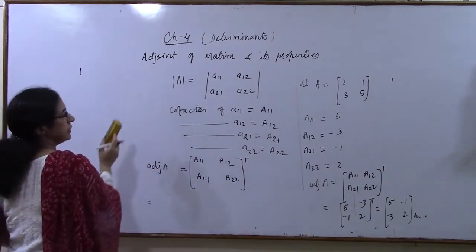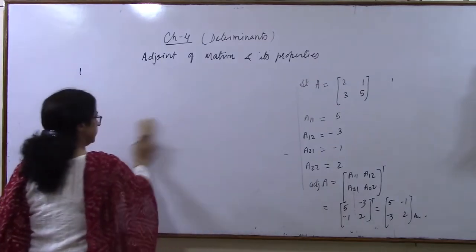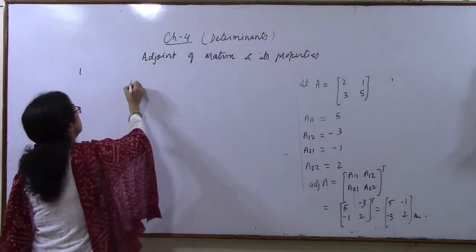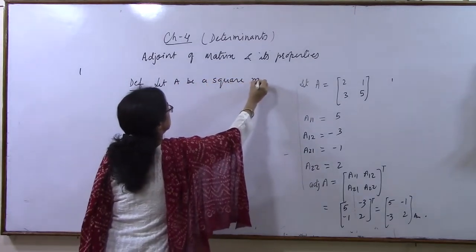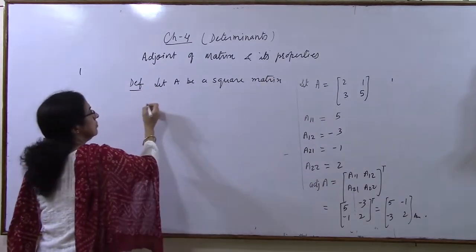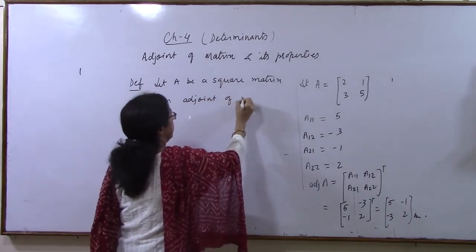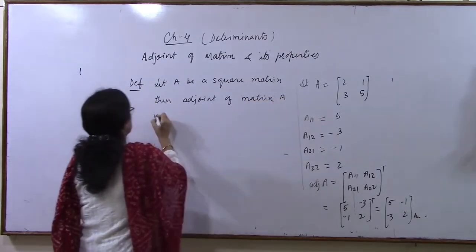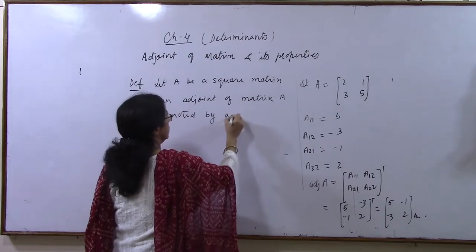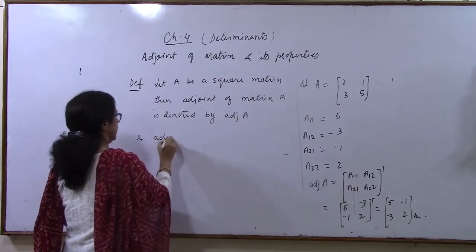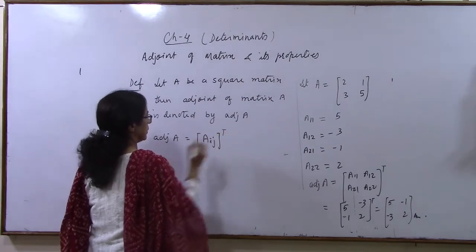So write the definition of the adjoint of a matrix. Let A be a square matrix, then the adjoint of matrix A is denoted by adj A, and adj A equals [Aij] whole transpose.